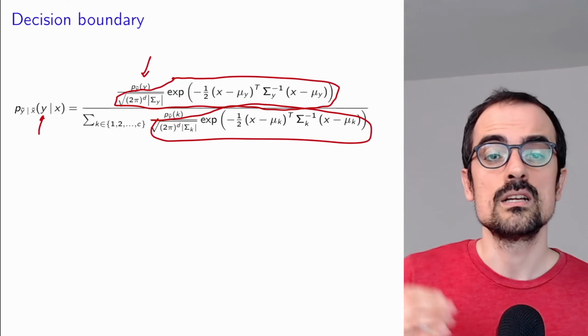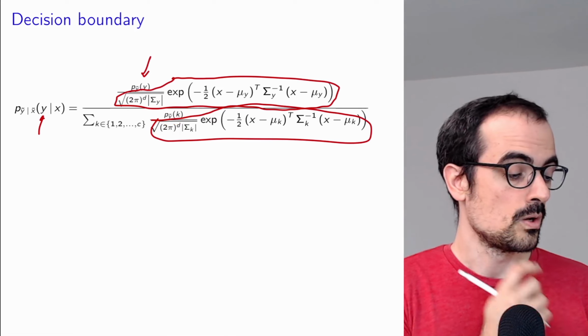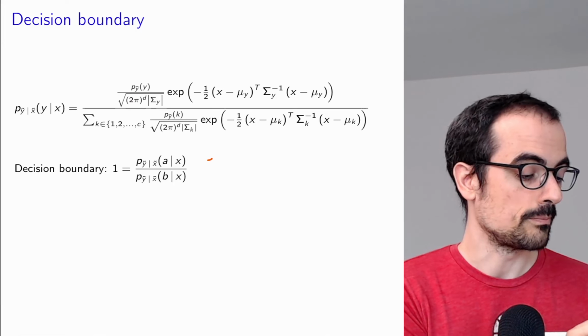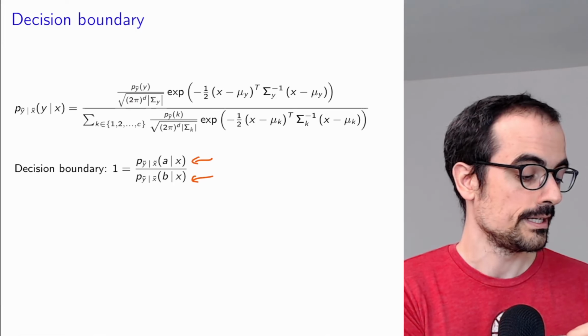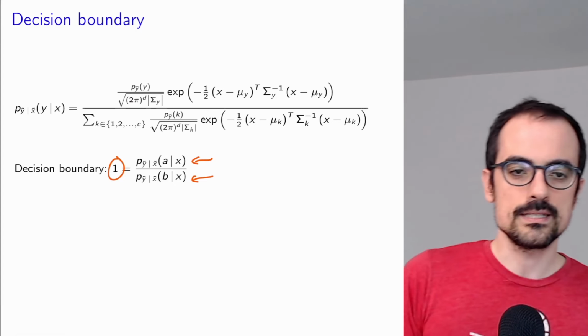Now we're interested in these boundary surfaces where, if you look at the ratio between the probability of two classes, the ratio is constant. Let's set it to 1 just for simplicity. That's what happens.